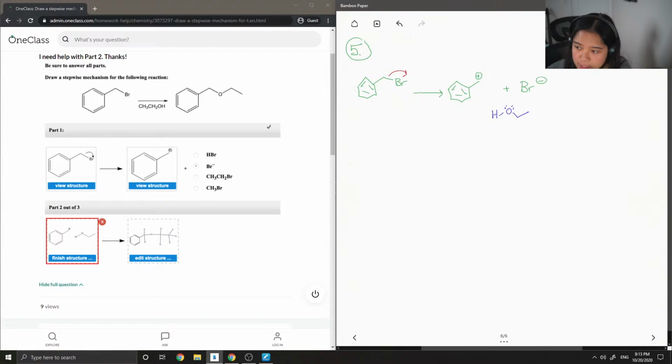Then basically what happens is that one of the lone pairs on the oxygen will come to try and neutralize that positive charge. And then this affords a new structure that looks like this.